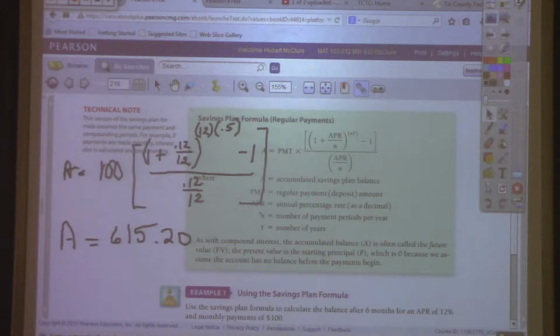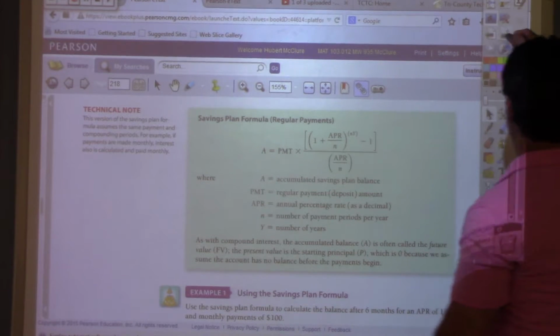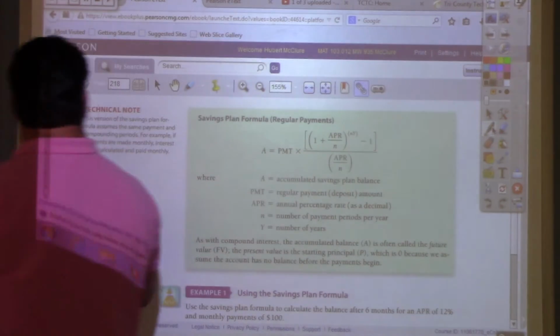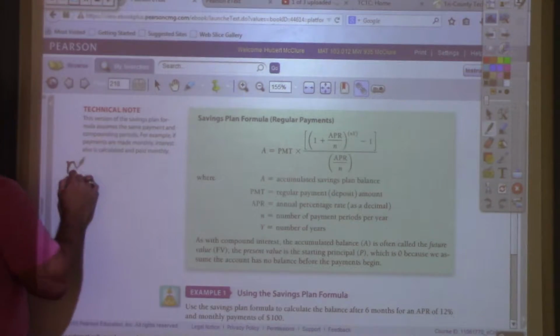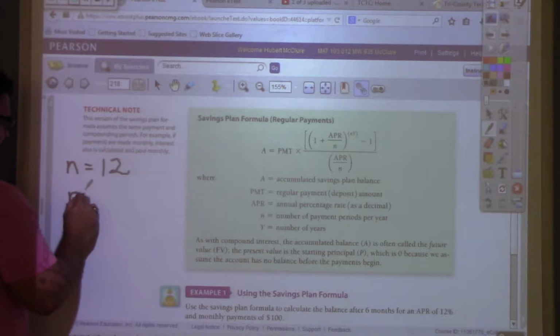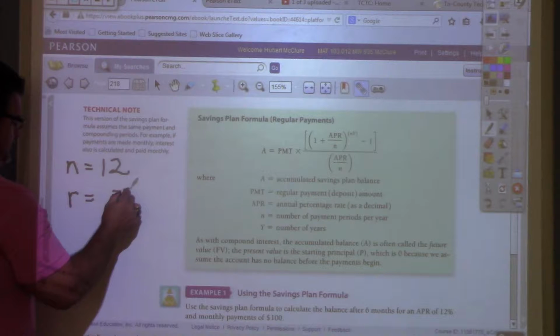And that's what he has to do. So let's see what would happen if we did go that route. Let's say that your child is 6 years old. So that leaves us with n is equal to 12. Let's say that the percentage rate is 3%.